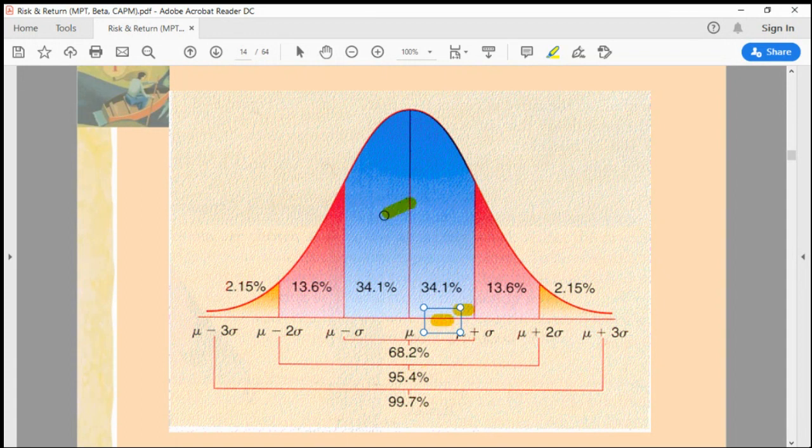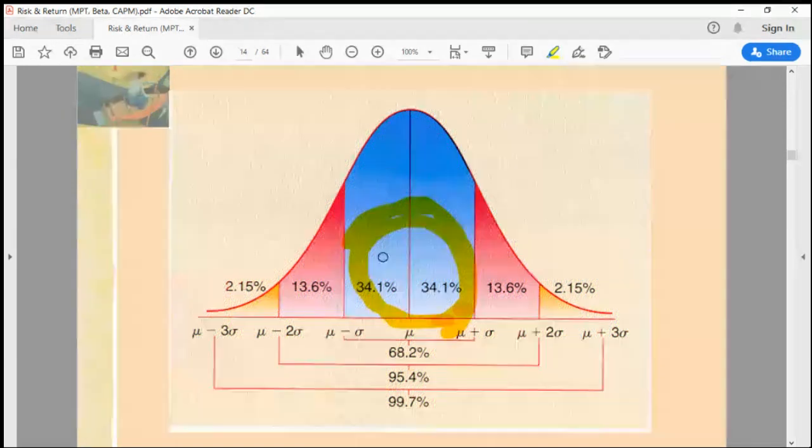There's a 68% probability that out of 100, if we have 100 observations, in other words, if we measure the heights of people, and if we randomly pick 100 people, and the average height is 5'8", about 68%.